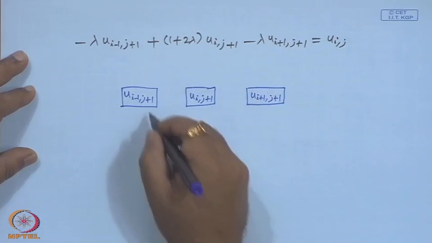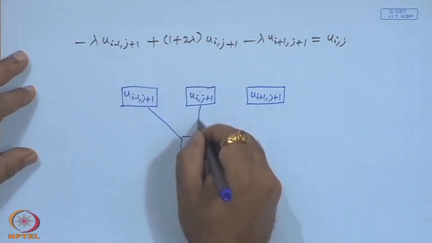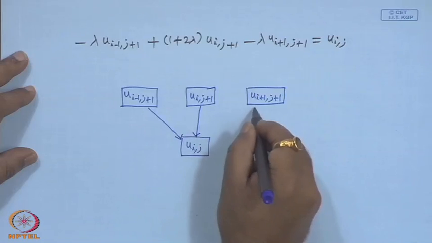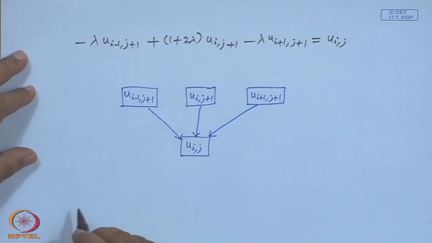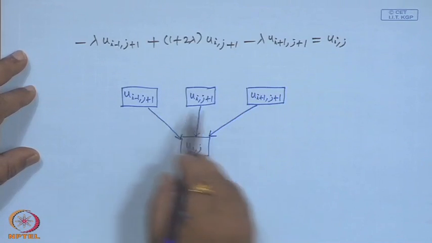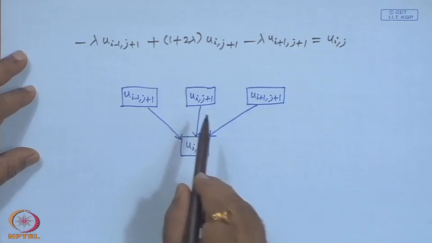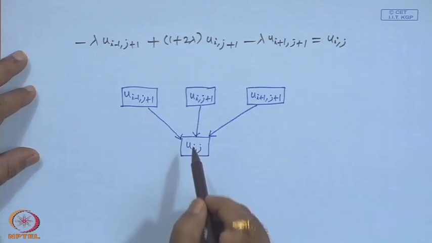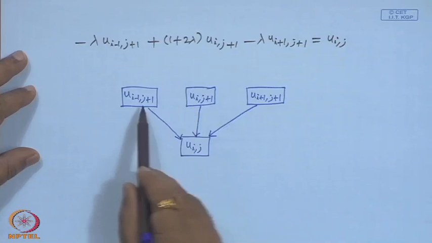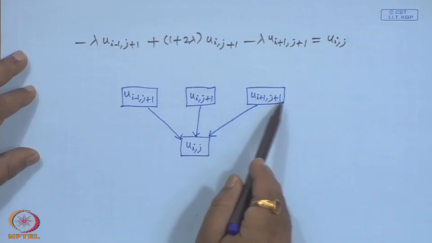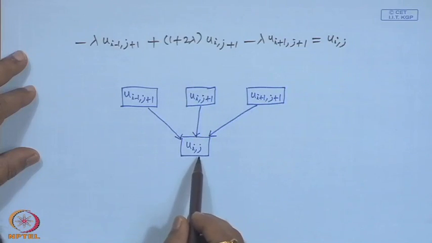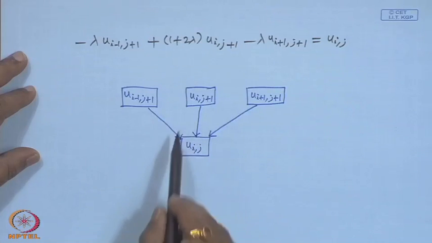This is in contrast to the explicit scheme which we derived in the last lecture. You can see more terms at level j plus 1 compared to the level below. How this is going to bring up the implicit nature, we will see.